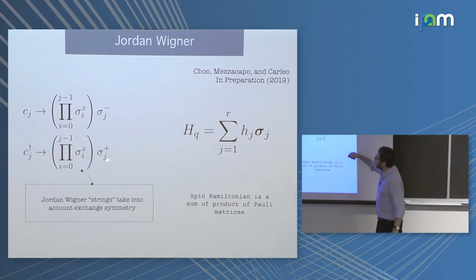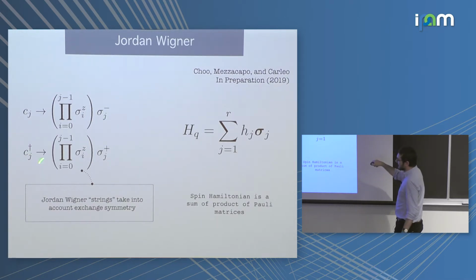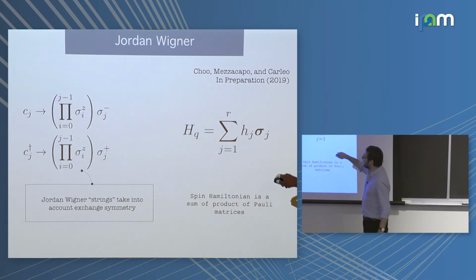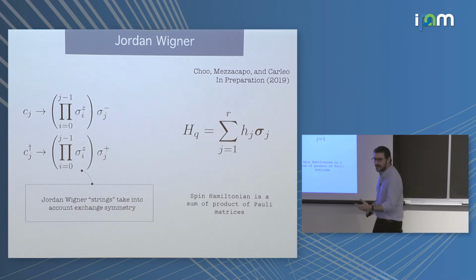Now, the standard, maybe most familiar Jordan-Wigner mapping is the following. You map these fermionic operators C into a sigma minus, a lowering operator in the spin language. And the same for C dagger and sigma plus. And in front of these, you have to consider a so-called Jordan-Wigner string that is the product of sigma Z operators.